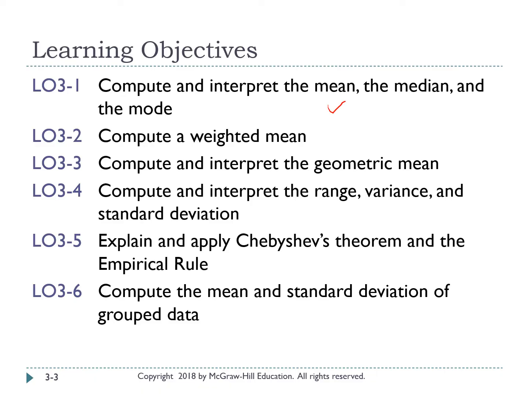Remember, in this chapter I also included one part of Chapter 4, which is skewness using the Pearson coefficient, so you should also be able to compute the Pearson coefficient. The last learning objective will not be covered in my session.